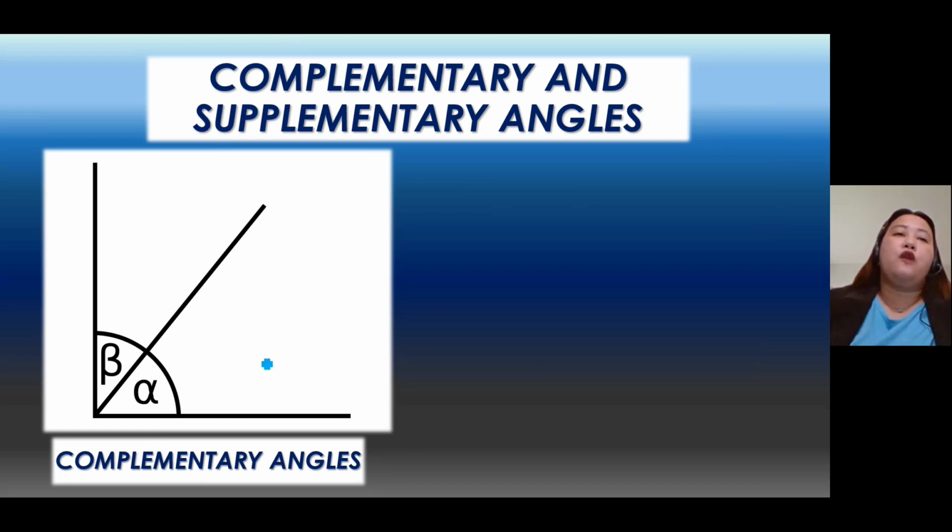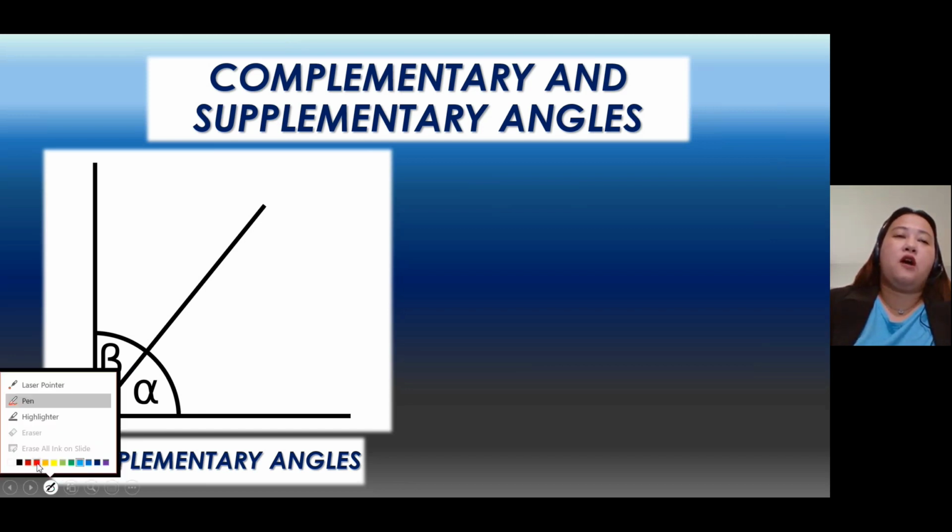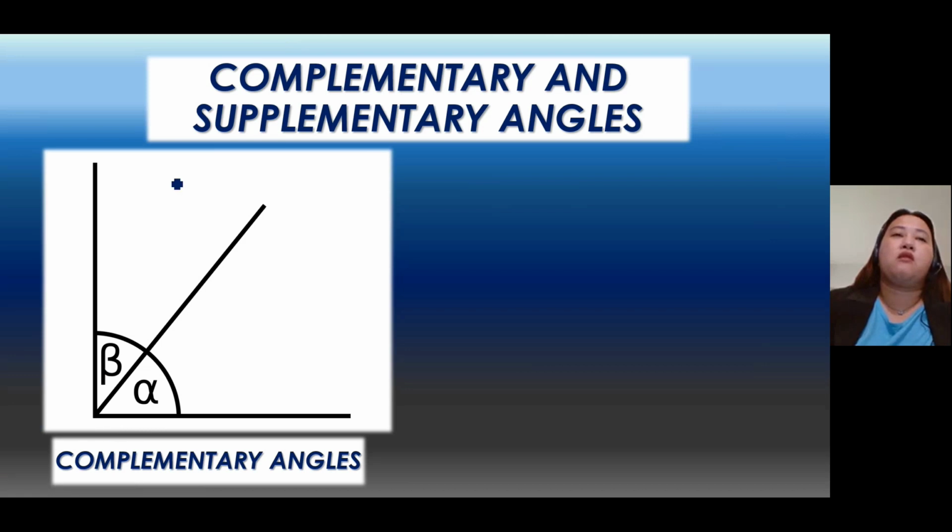Notice that the two angles here are alpha and beta. For complementary angles, remember that when we add angle alpha and angle beta, the sum is 90 degrees.